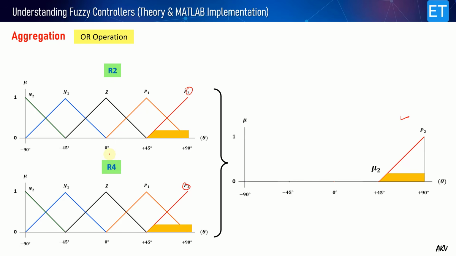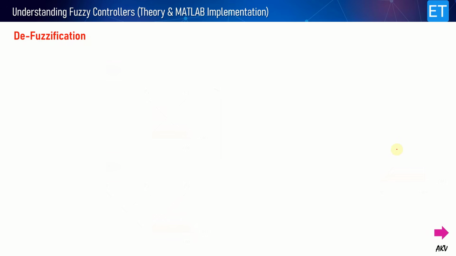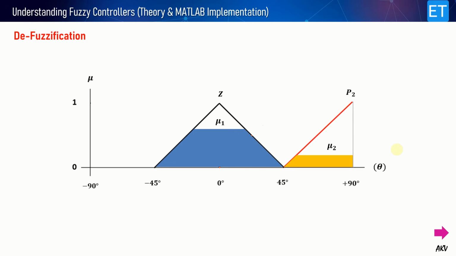But if you draw this on the graph paper, you will see that in this particular case both have the same magnitude, same height. Let's say this height is mu2. Now you put all the aggregated areas together for the de-fuzzification. Under the Z we are getting this mu1 height, under the P2 we are getting this mu2 height.